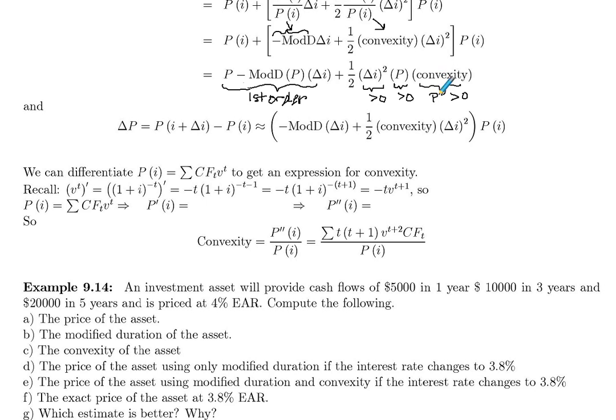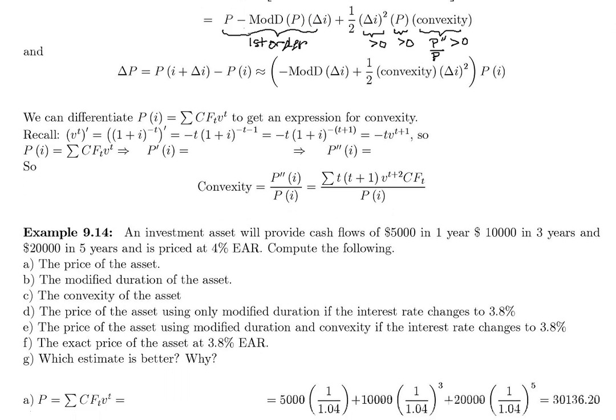Well, actually the convexity is P double prime over P, but both of these quantities are greater than 0. The second derivative is greater than 0 because it's concave up, and then price is always greater than 0. So we've added a term on that's positive, so we're going to be correcting our first order approximation in the right way by moving it up closer to the actual value.